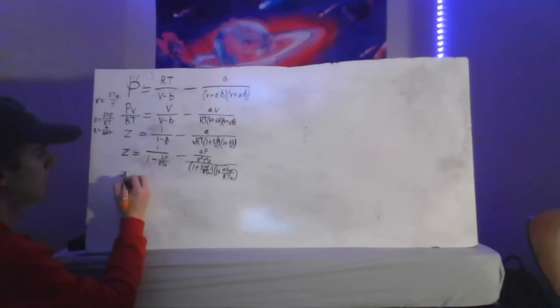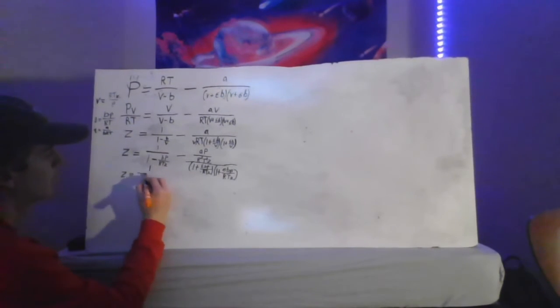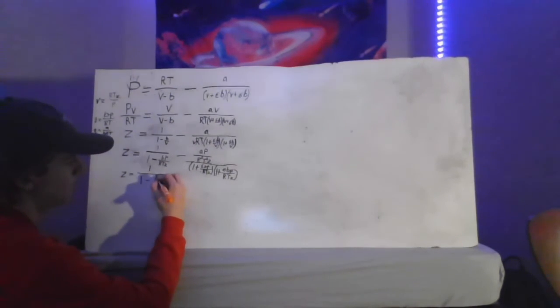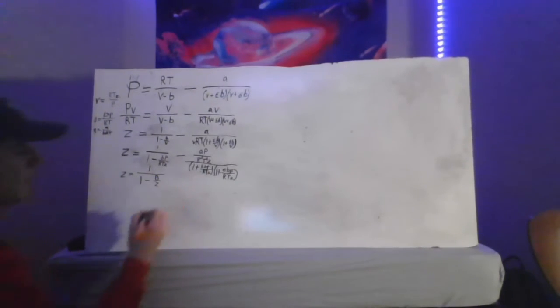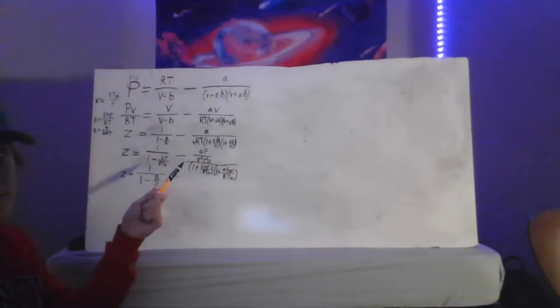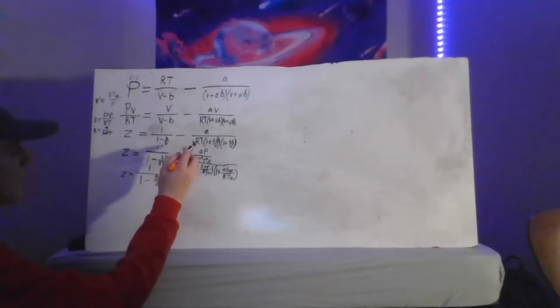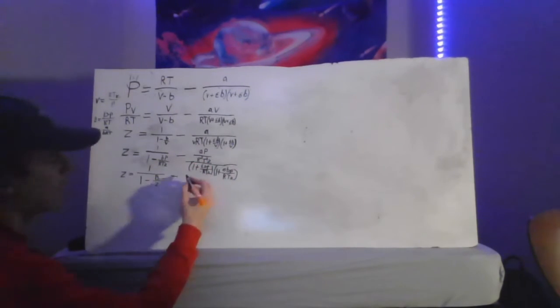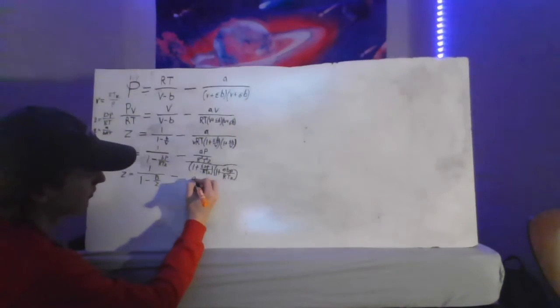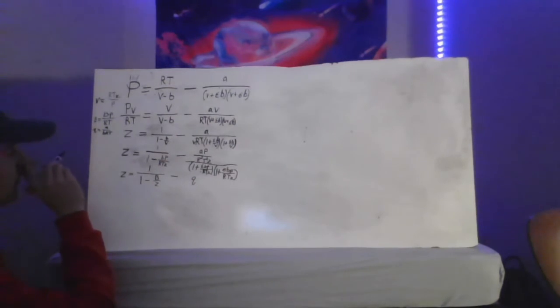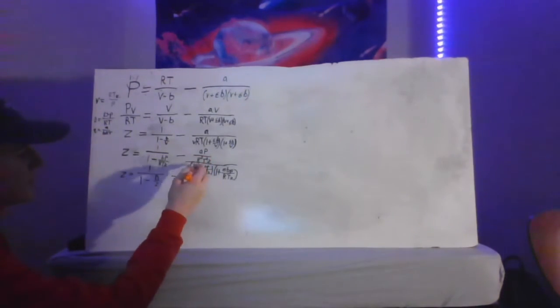So we'll get Z equals 1 over 1 minus beta over Z. And then for this, we can plug in Q for A over RT, and also plug in beta for the other P over RT.